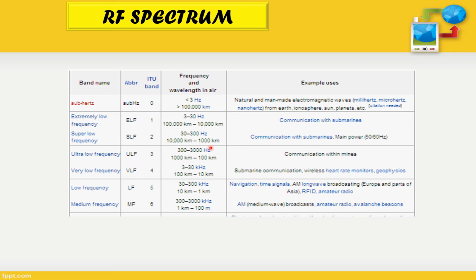These have a frequency range of 300 to 3000 Hz, and also 3 kilohertz to 30 kilohertz, and are widely used in mines. You know mines? Okay. They are also used in submarine communication, to monitor heart rate wirelessly, and also for geophysics, followed by low frequency and also medium frequency.